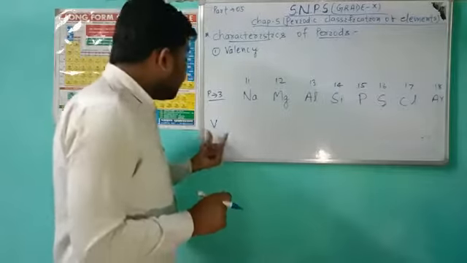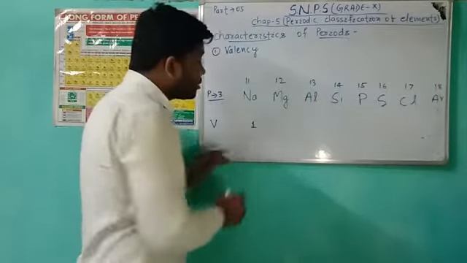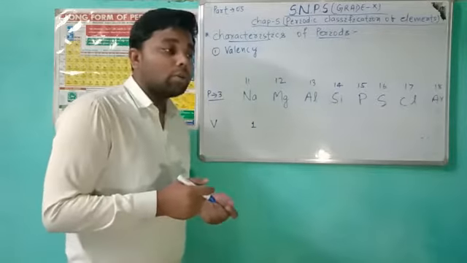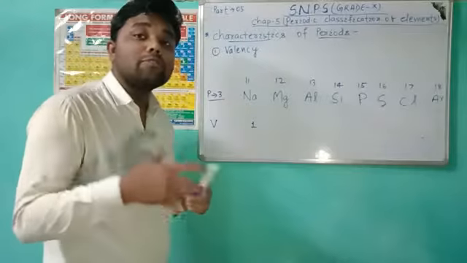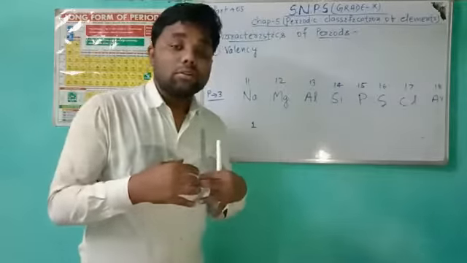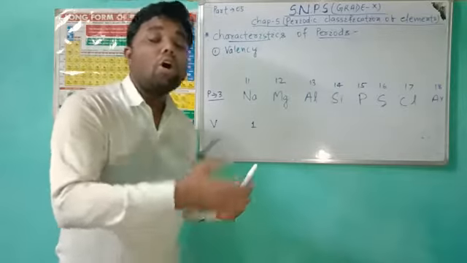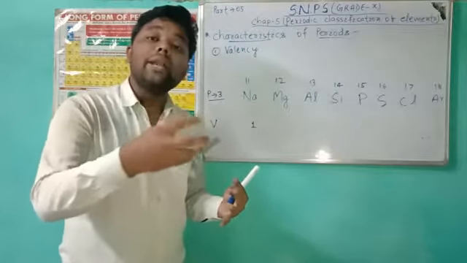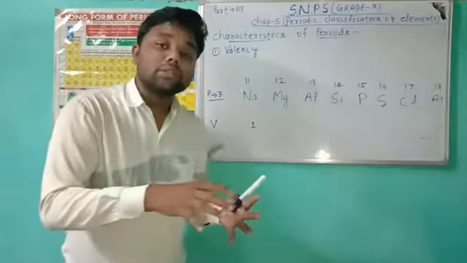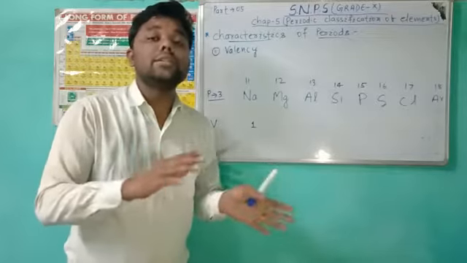So what are the valencies? First of all, what is valency? The required number of electrons, by losing or gaining, from an atom in order to complete its octet, in order to complete its orbit, that is called its valency.